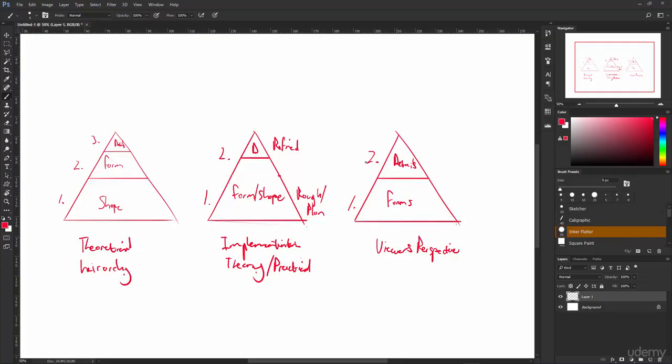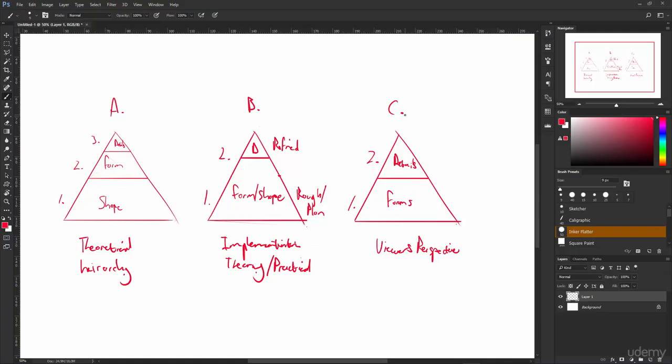And you can see here in this third triangle, let's label these A, B, and C, right? You'll notice in this third triangle why beginners struggle so much when they're starting to draw, right?